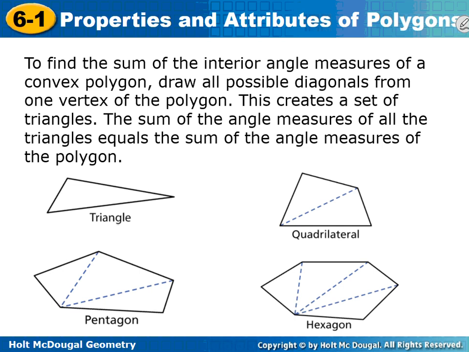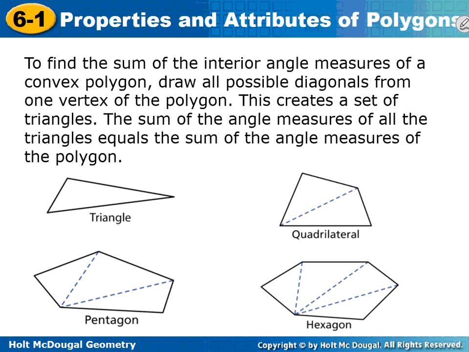Okay. So what they're going to do is they're going to ask you not just triangles this semester, but any polygon. They're going to want you to find the sum of all the interior angles. So remind me, for a triangle, what was the sum of the interior angles always going to equal? 180. Everybody okay with that? Do you know what the sum of all the angles for a quadrilateral is?